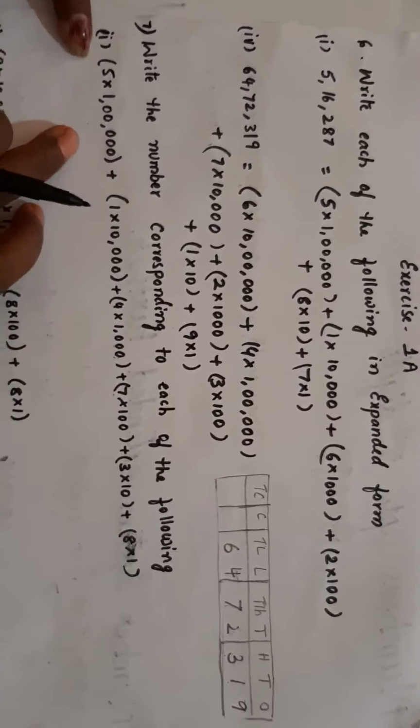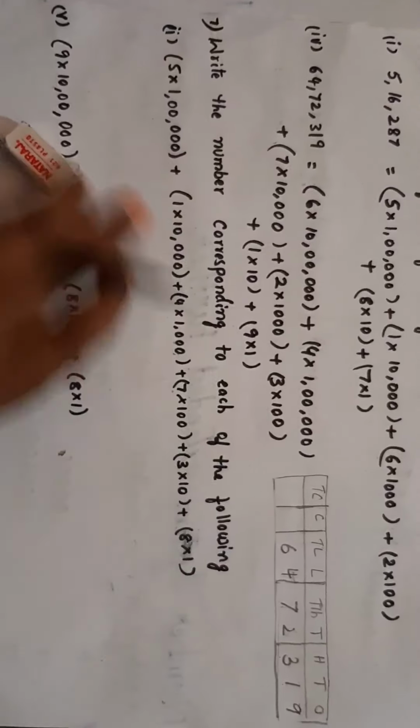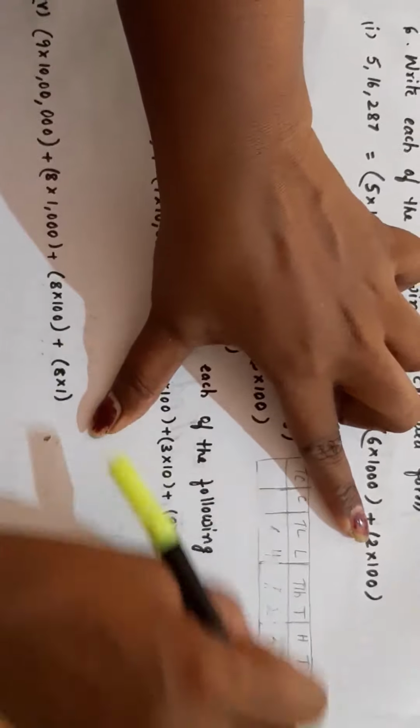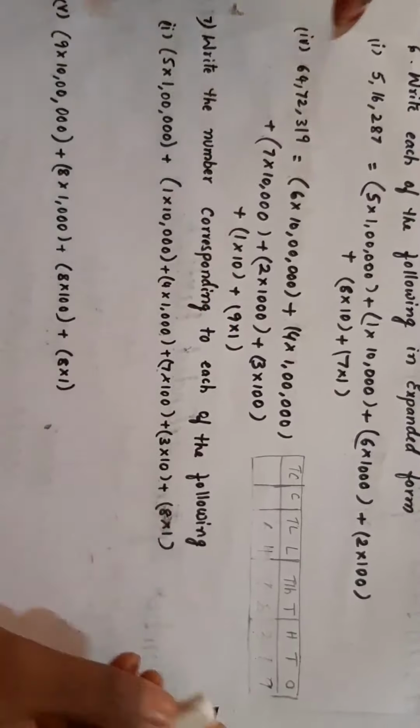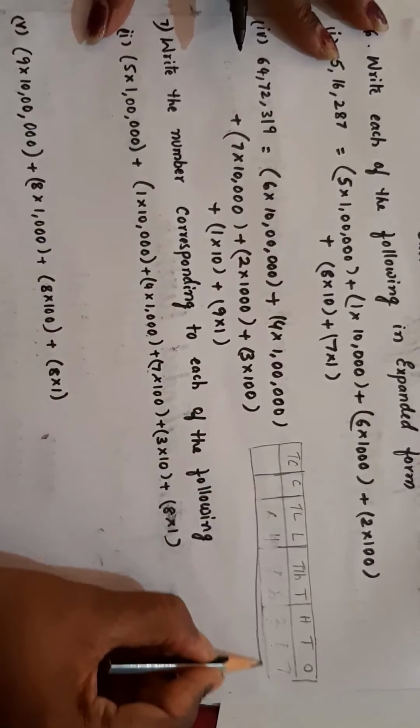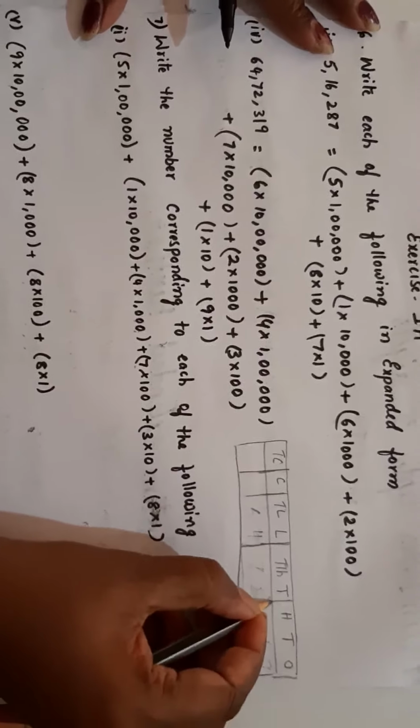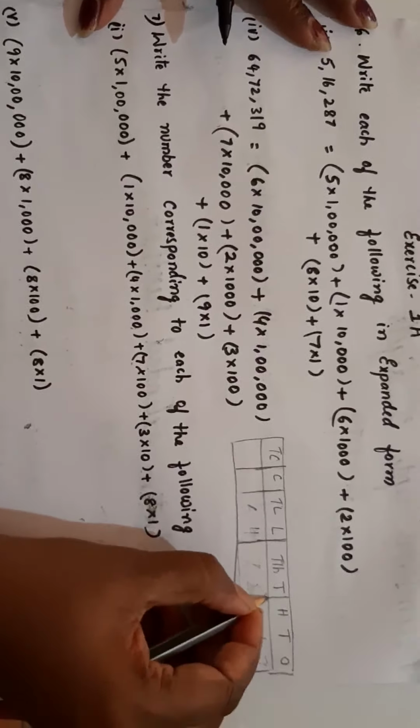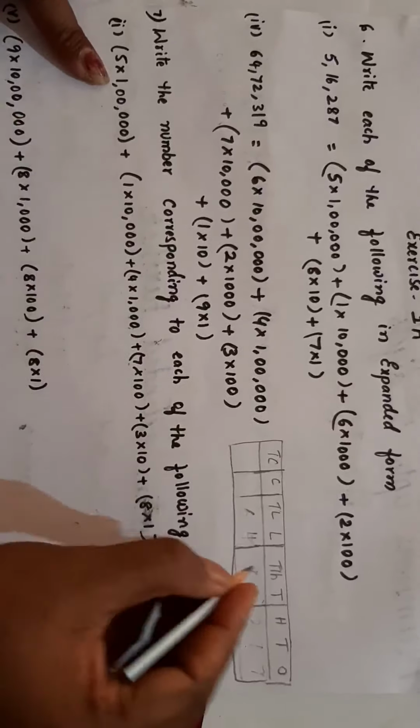Now if an expanded form is given, you have to write the number. First one: 5 into 1 lakh, 5 lakhs.